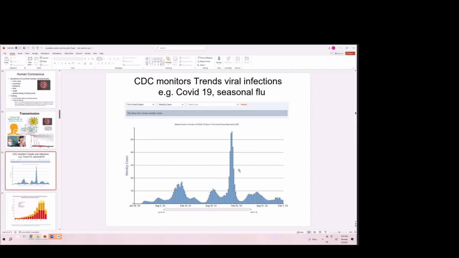And then we have our Center for Disease Control that was monitoring trends of viral infection. This is what they were doing, for example, in 2021 when they were measuring COVID infections in the United States.